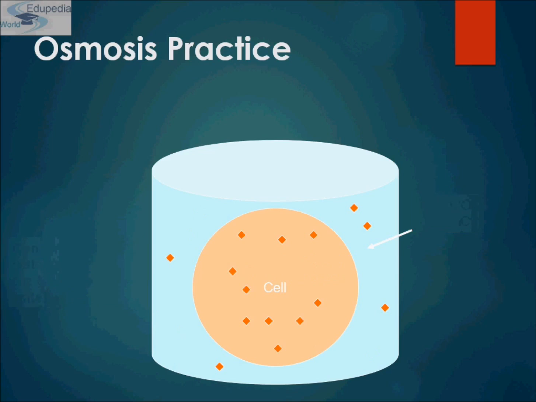Now we will discuss the third osmosis practice. Suppose the cell concentration is 80% H2O and 20% NaCl, and the solution concentration is 90% H2O and 10% NaCl. Then what will happen?